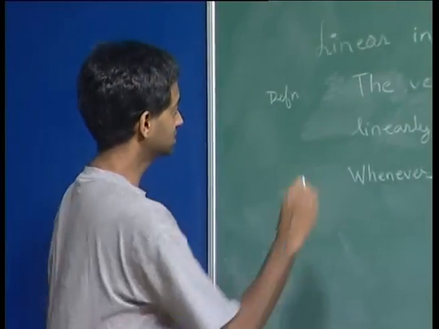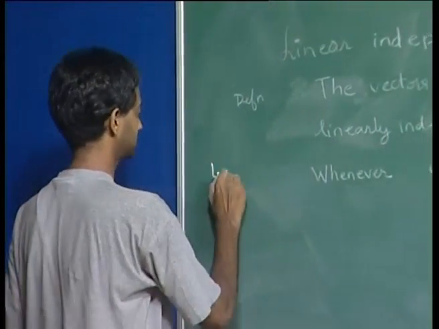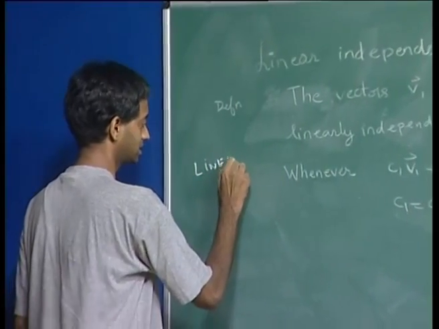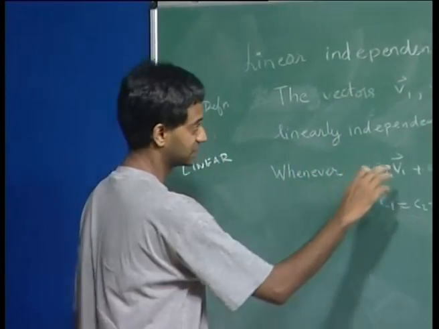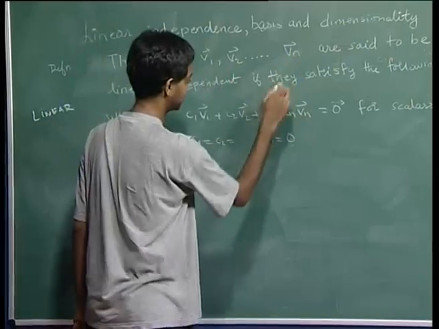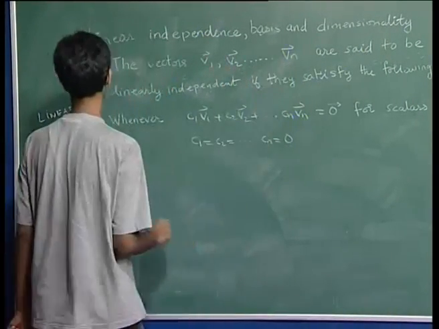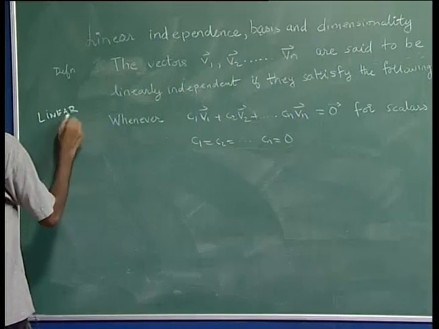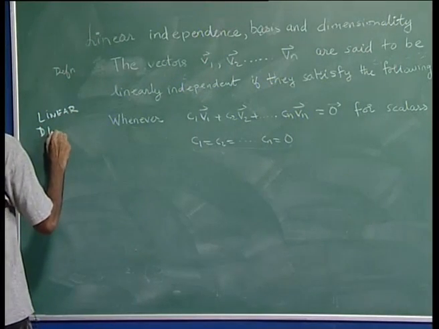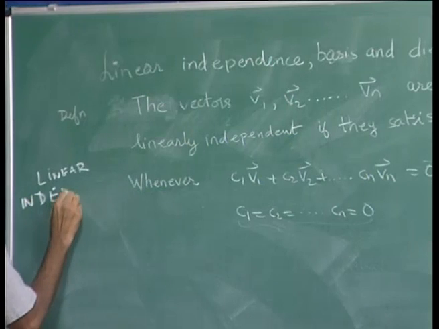Okay. So this is the definition of linear independence. If these vectors v1, v2 up to vn satisfy this property, then they are said to be linearly independent.